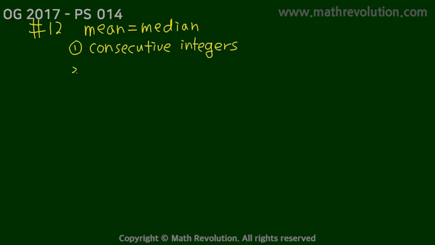And the second case is when the sum of the numbers is constant. These 2 cases are most common in cases where mean equals the median.